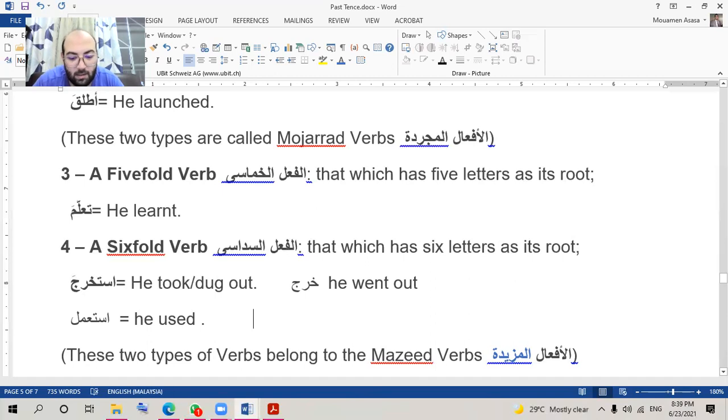Amala, he worked in the past. You see, I add alif, sin, ta, and it changes the meaning. Istamala means he used. When you say musta'mal, an adjective, it means it has already been used. Second hand.